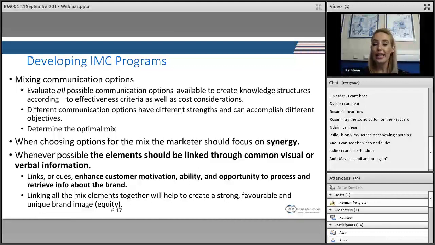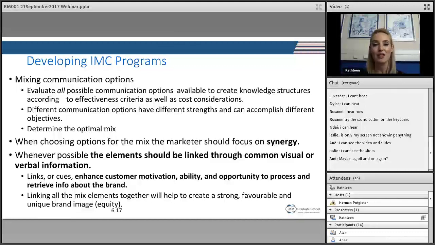So to quickly close off this chapter, we need to look at how we are going to develop our integrated marketing communication programs. And basically this means that we need to use our mix of communication options. We need to evaluate all the options that we've discussed, and we are going to analyze each of them and determine the strengths and weaknesses of each different one, and then we are going to combine them in the optimal mix.